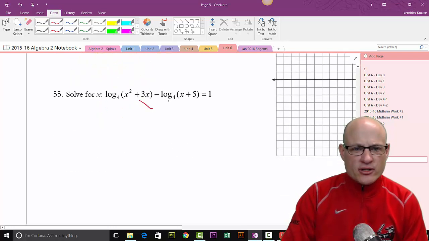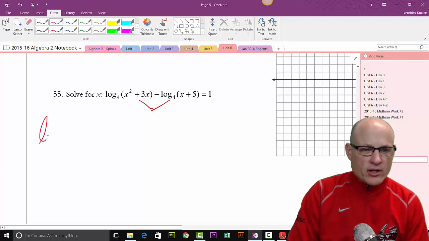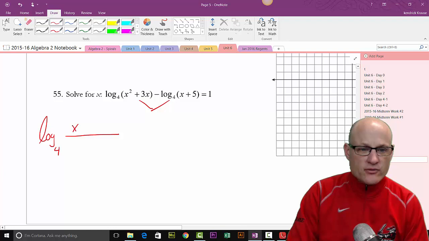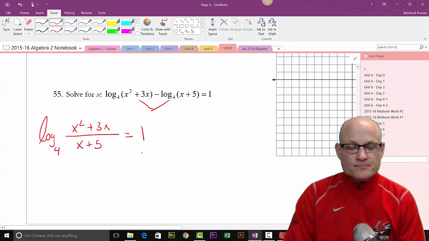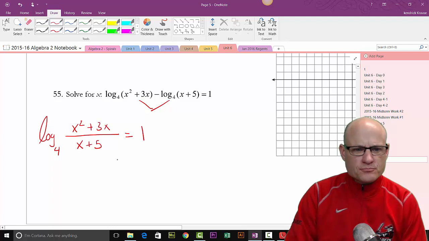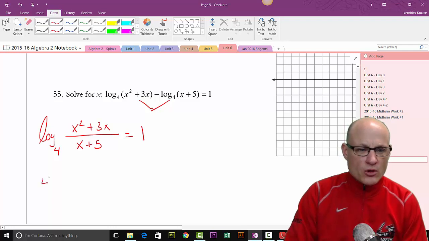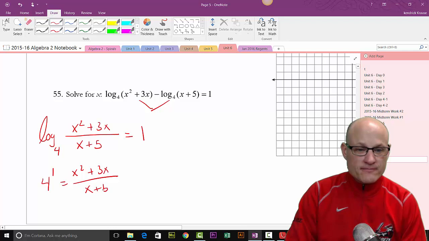So this is subtraction. It goes to division. So we get log base 4 of x squared plus 3x over x plus 5 equals 1. Okay, so 4 to the 1 has to equal x squared plus 3x over x plus 5.